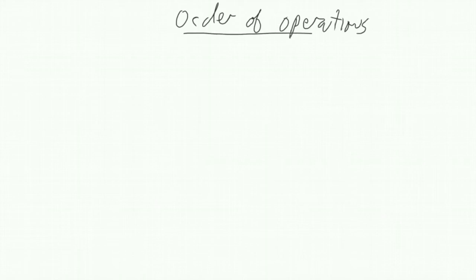So now let's talk about order of operations. All right, so the cool acronym that we like to use is PEMDAS, P-E-M-D-A. And you don't have to use PEMDAS. It's just a nice way to remember how to do these things. So PEMDAS stands for parentheses.